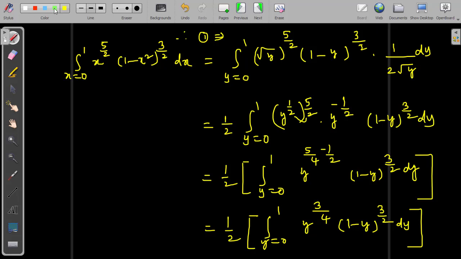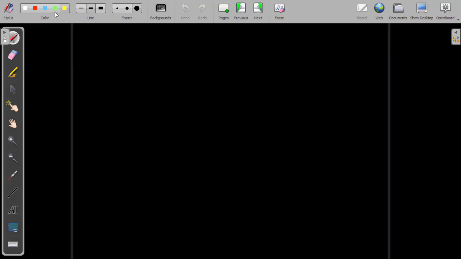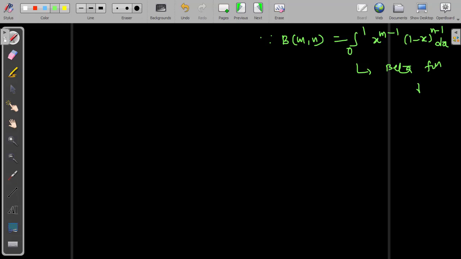Since we have a beta gamma function rule, the beta definition is beta of m comma n equal to integral 0 to 1, x power m minus 1 times (1 minus x) power n minus 1 dx. This is called the beta function definition. Okay, fine, up to here.